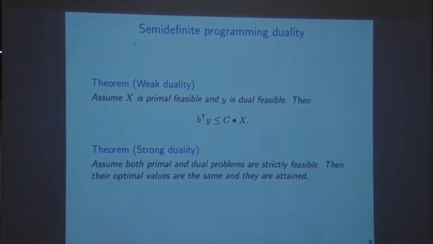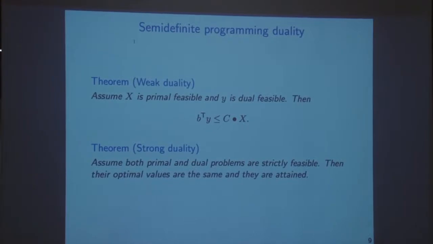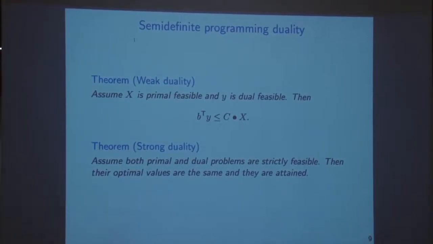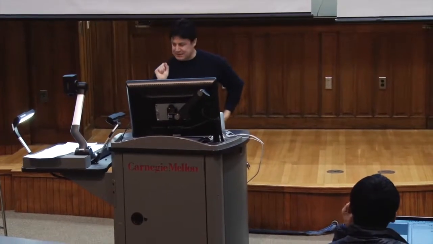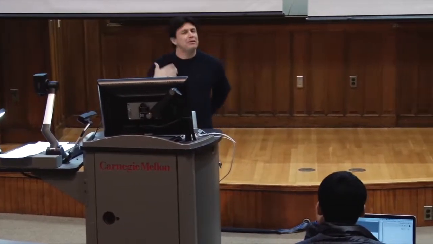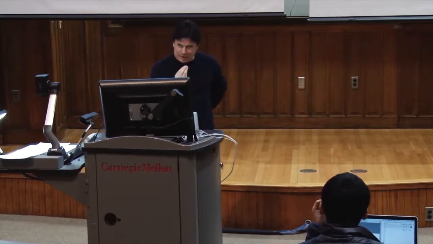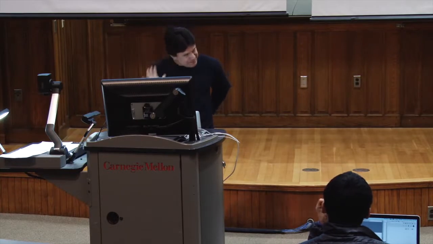So if both problems have that regularity condition, that's called the Slater condition, then both of their optimal values coincide, they're the same, and they are both attained. Okay? Now, if we do not have that condition, then duality may break down. So this is a really subtle distinction between linear and semi-definite programming. So let me give you a couple of examples to show how strong duality is a little more finicky in semi-definite programming than it is in linear programming.